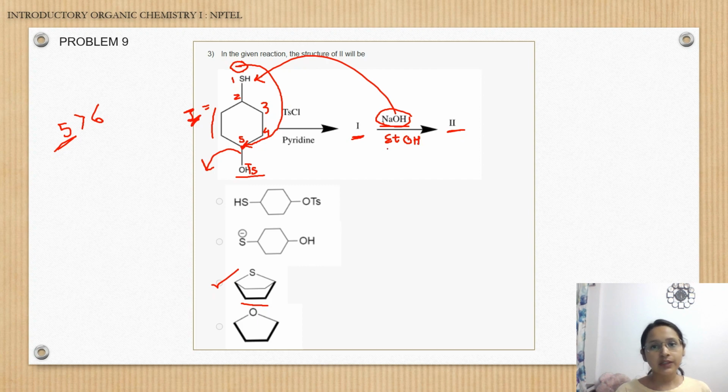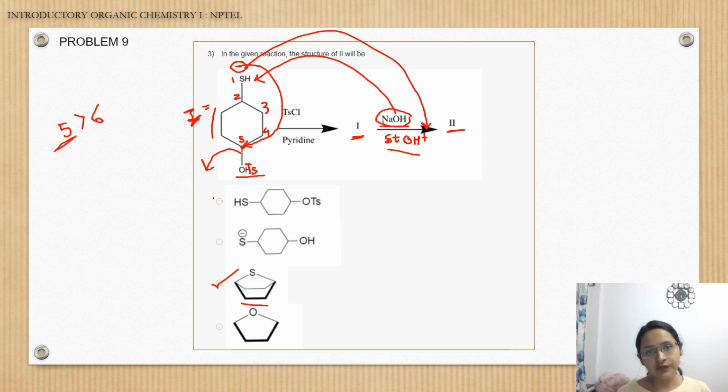So it will dissociate and give you an H plus in the system. And now this H plus will be taken up by this sulfur anion. So there it will quench, and it will not give you the further cyclization. But here there is no polar solvent present in the system. That is why the cyclization is much more facile than the protonation.